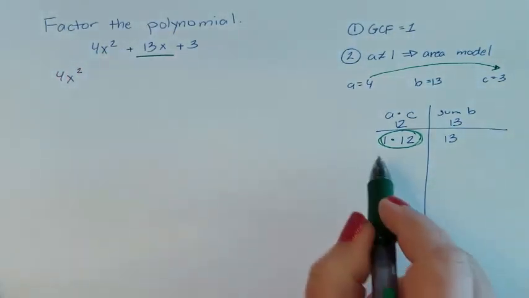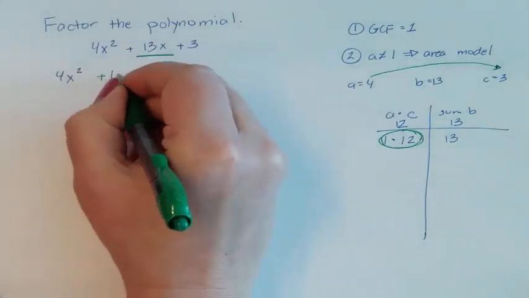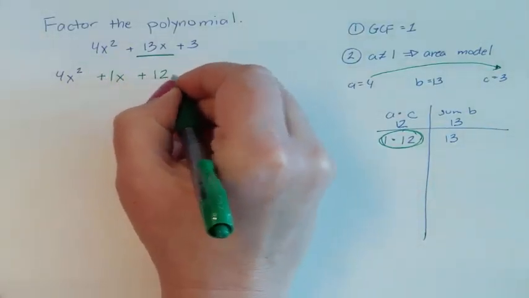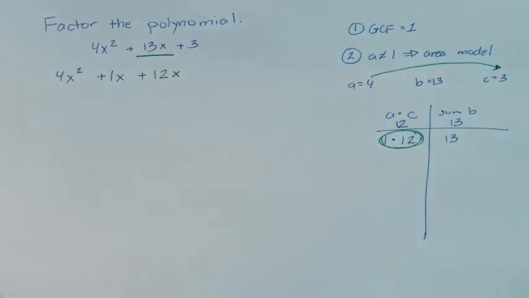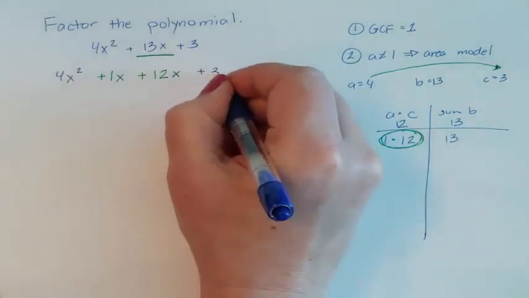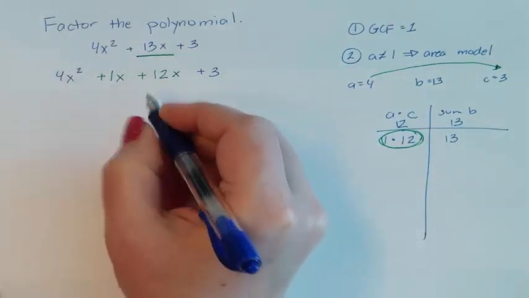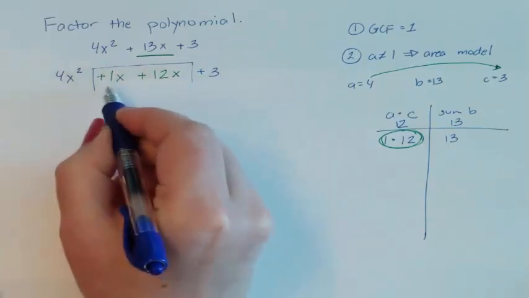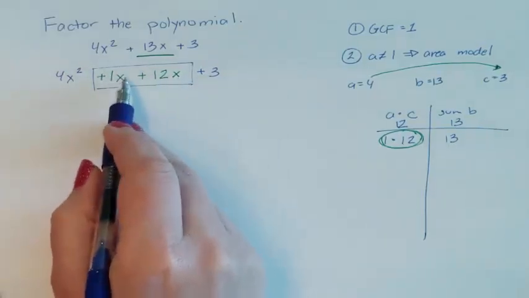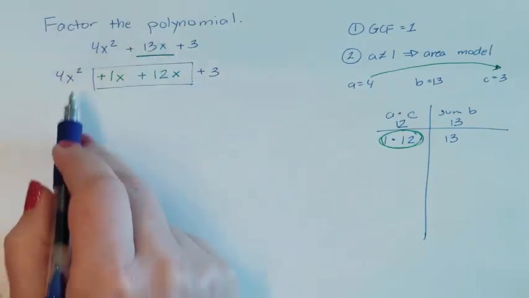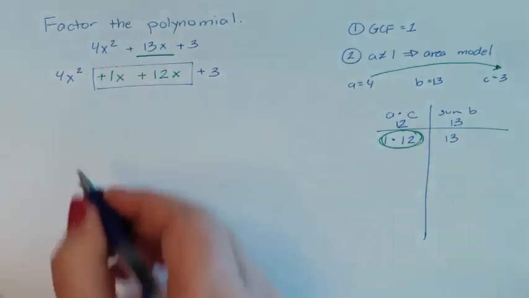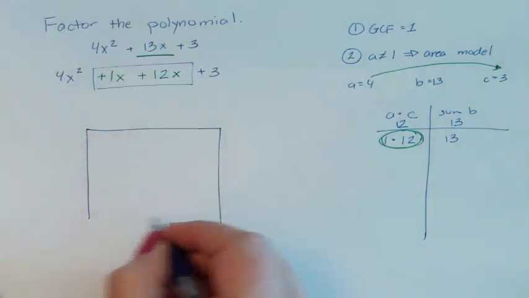You just found that we are going to use a plus 1x and a plus 12x, and then you are keeping this plus 3. This 13 was rewritten as plus 1x plus 12x. So 1x plus 12x is a 13x. We had to put it into 4 terms so that we could then use our area model.